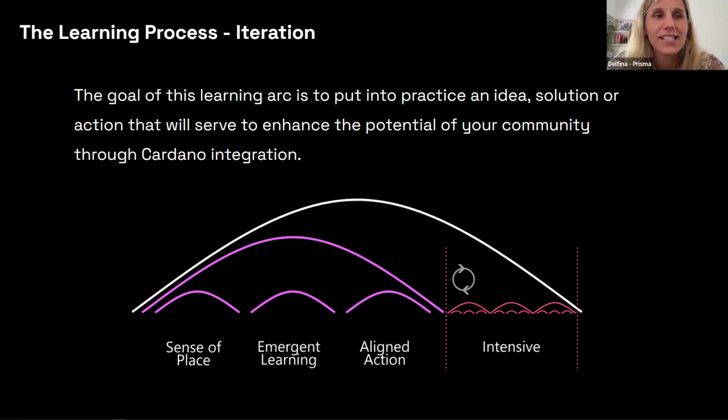learning arc? This learning arc is the one that I really like, because it's putting into practice. It's really putting your hands on what is happening, on what you're seeing, on creating with others. This is where you're going to be integrating the Cardano skills that you need in order to deliver something so powerful that you might blow everyone's mind in your community.